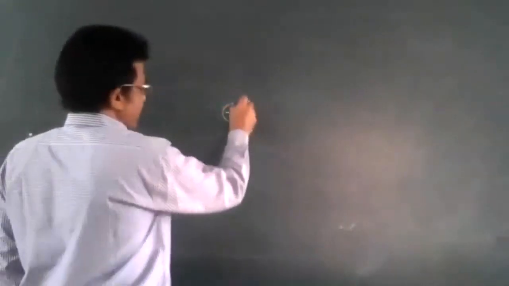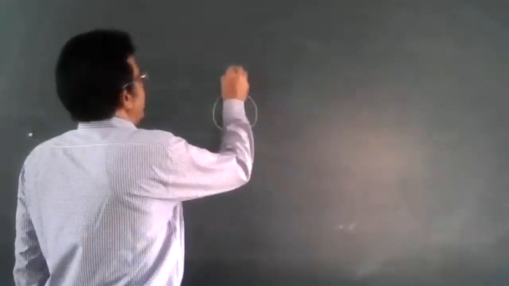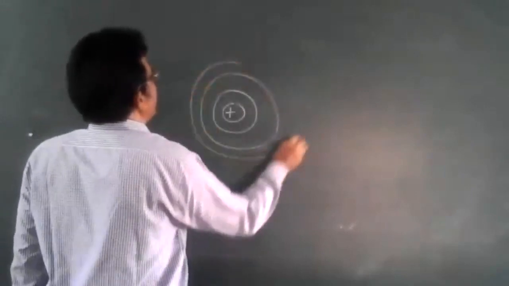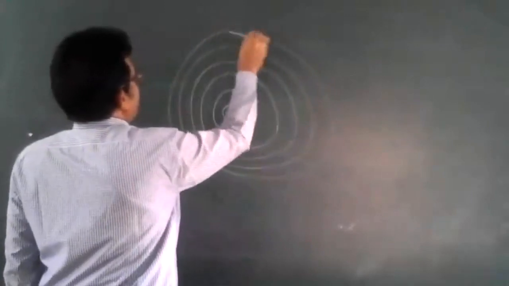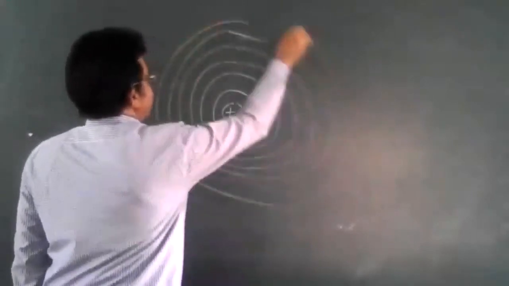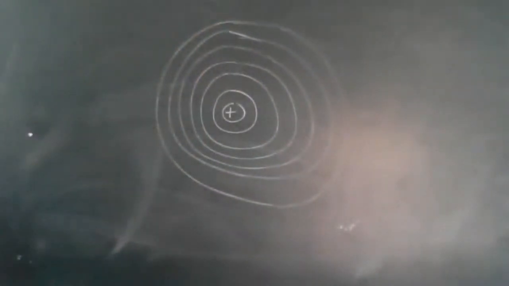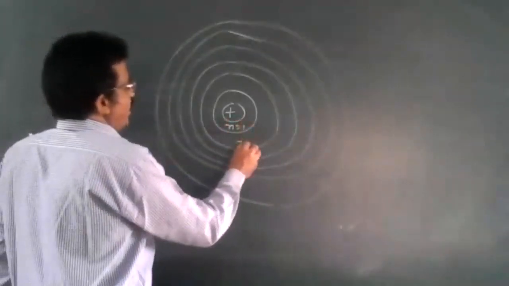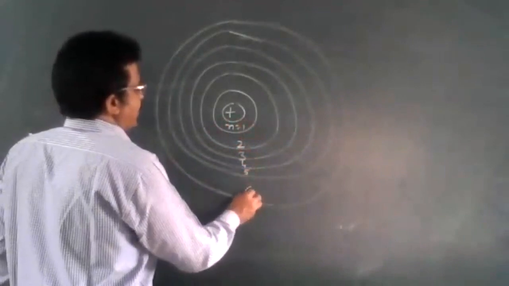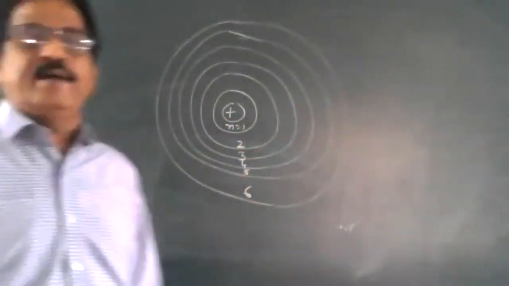Then we have different excited states 1, 2, 3, 4, 5 and 6. Draw these 6 circles here, that is n is equal to 1, 2, 3, 4, 5 and 6.